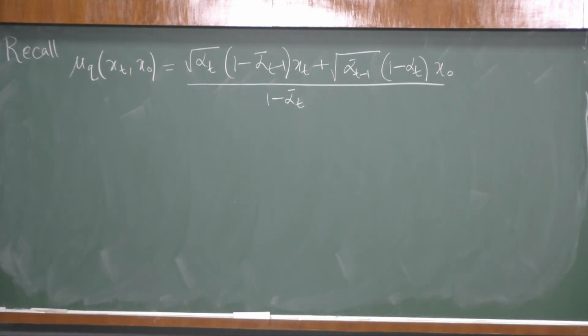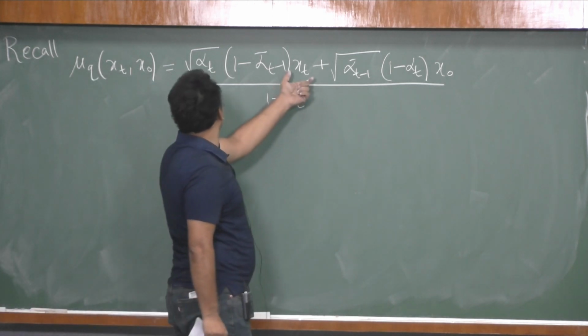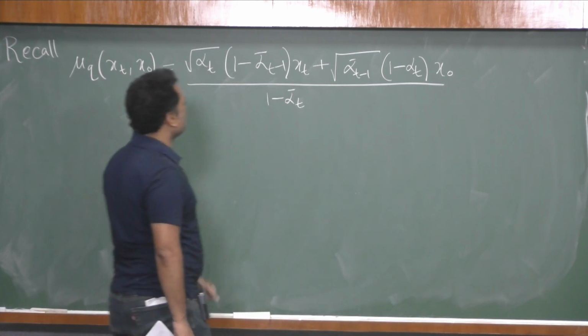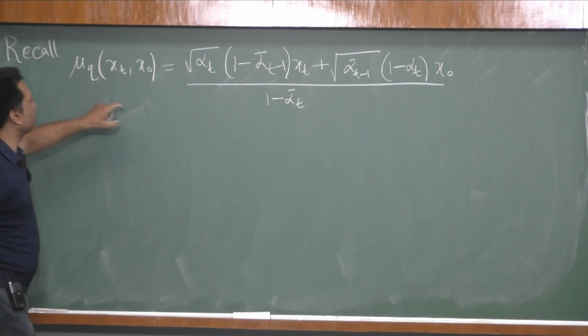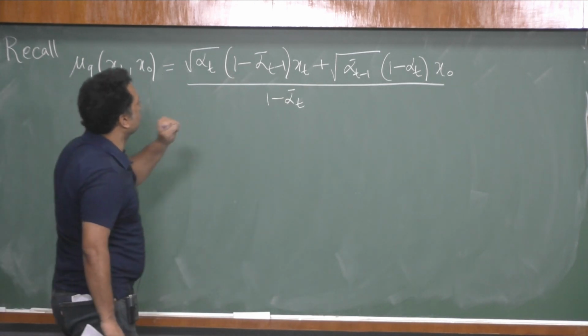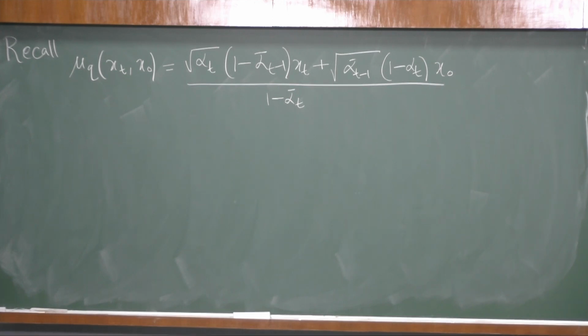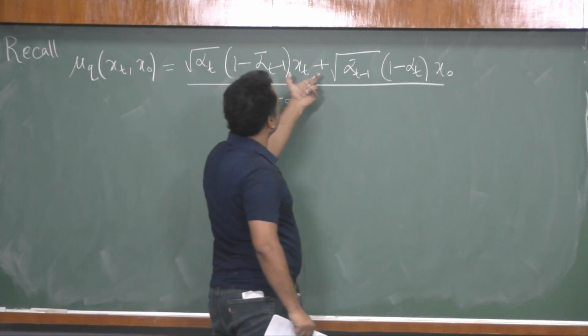So what we see here is that we want to compute the mean from xt, and that's what q is here. So the mean of q is given by this. From here, what we guess is that since mu theta is also conditioned on xt, it makes sense to keep this term intact.